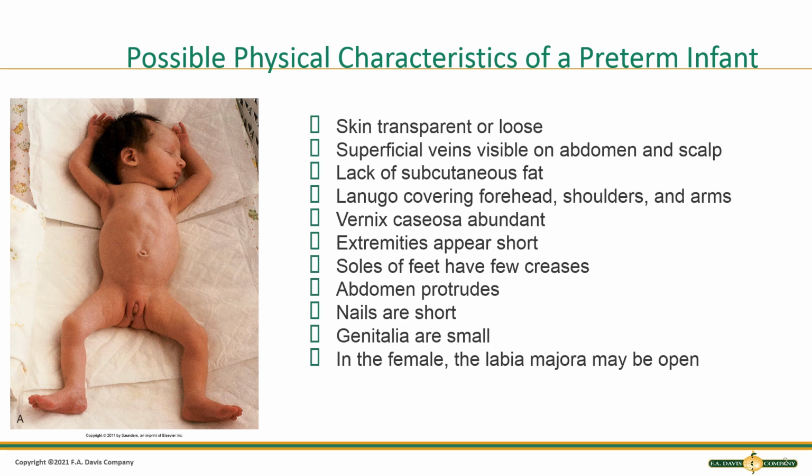Nutrition might have been poor. There might have been infections that were untreated. We talked about preeclampsia or gestational hypertension. It could be a multiple gestation that caused preterm birth, and it could be placenta previa. So there are several risk factors that can go along with the characteristics of a preterm infant.